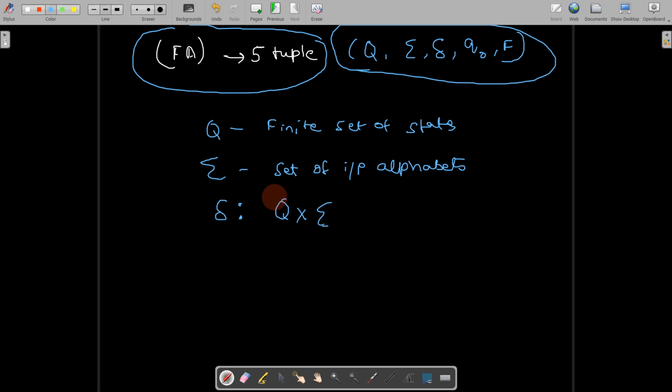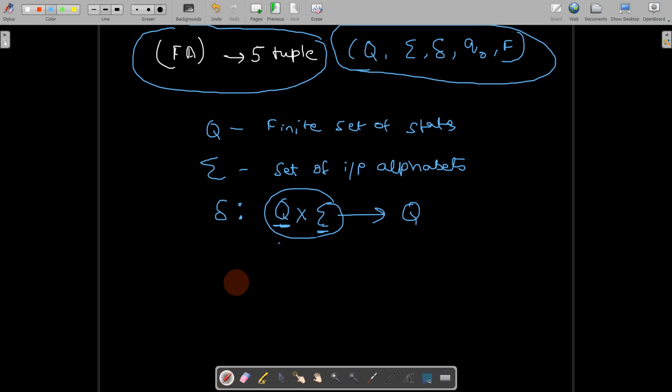We will see an example of what this means. This is the domain. The input is a Cartesian product, meaning a set of two tuples consisting of the current state and the current input symbol, and it will give just one next state.